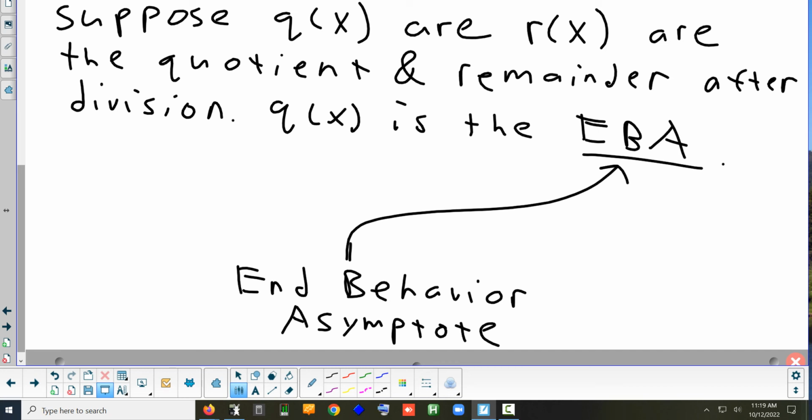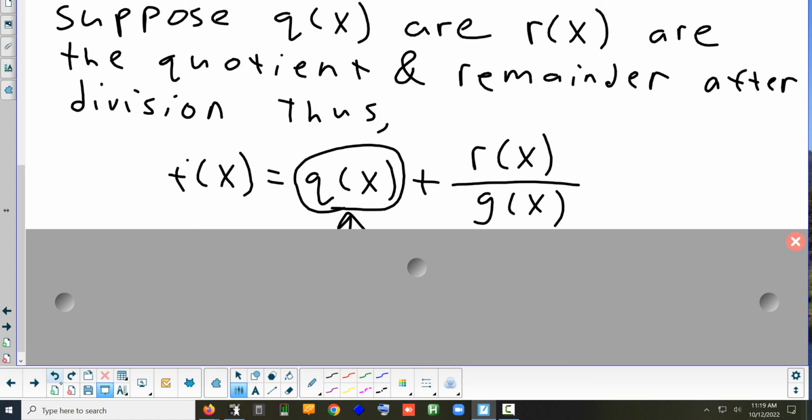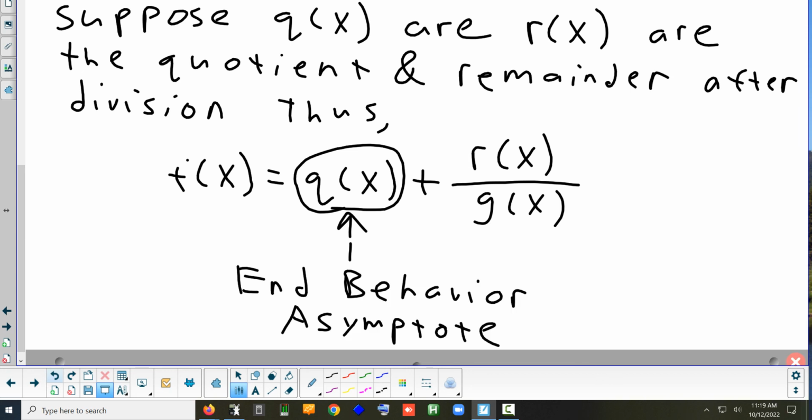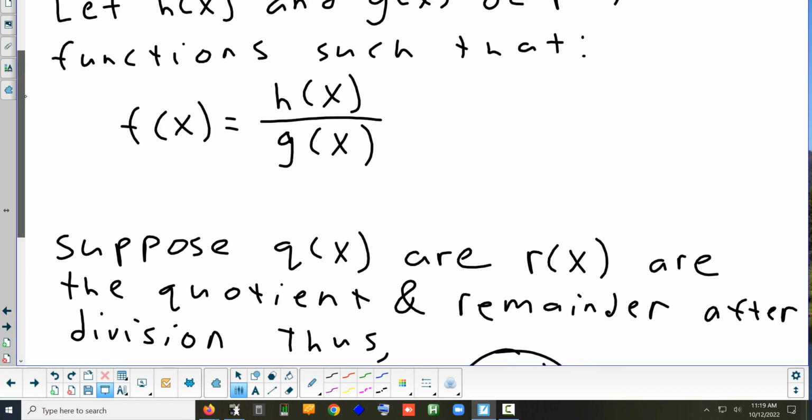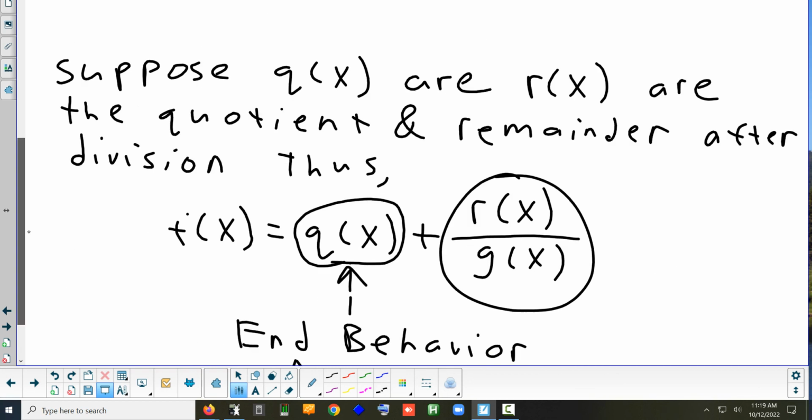And I wasn't really going to explain that, but if you look at the remainder, well, think about g of x. G of x is what you divide by.